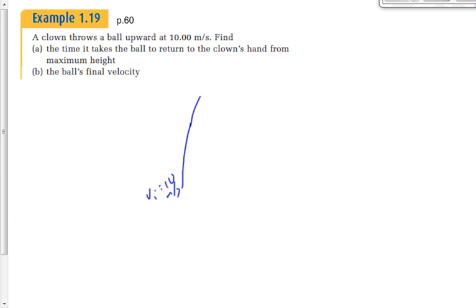Slows down, slows down, slows down, stops. Goes back down, back down, back down, back down. We want to find the final velocity right there, and we want to find out the time that it takes to fall. Yes, from the maximum height down to the bottom.